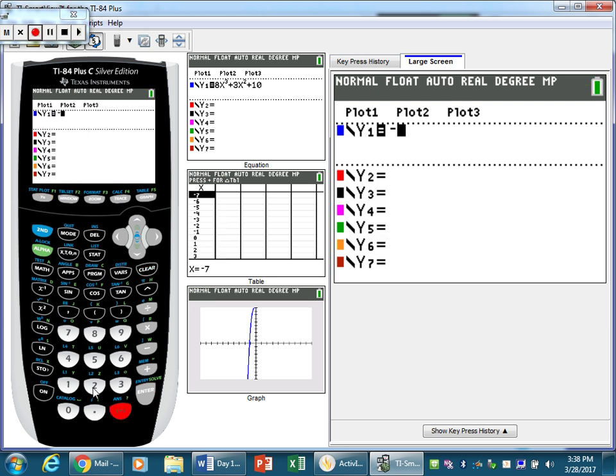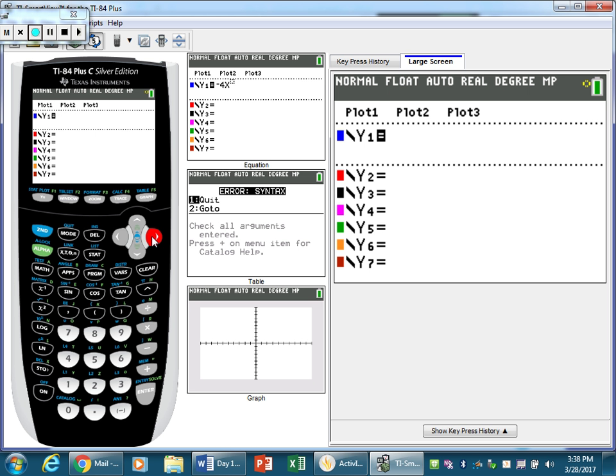So negative 4x caret 3, minus 5x plus 112. Whoops, I messed up. I gotta fix that. So negative 4 is x to the third, cursor, minus 5x plus 112. And hit graph.